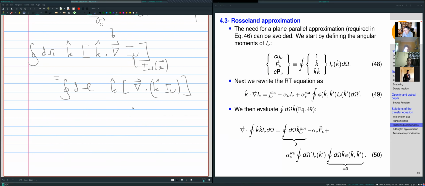If you want to convince yourselves of this, you can spell it out. This is the partial derivative along x of kx I nu, plus the partial derivative along y of ky I nu, plus the partial derivative along z of kz I nu. And then you ask, does kx depend on x?